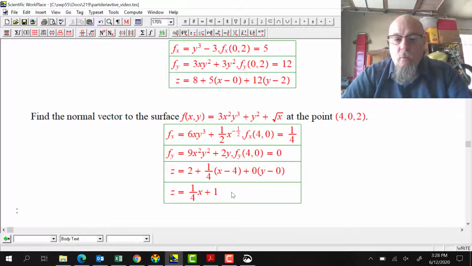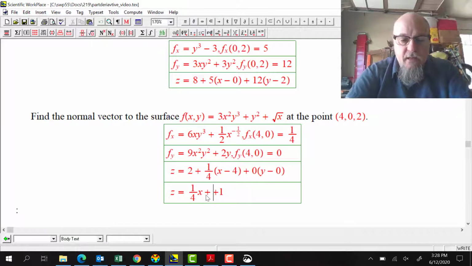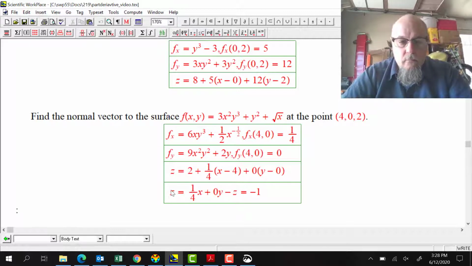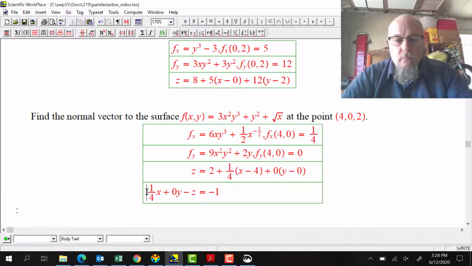And I want to write it in the form ax plus by plus cz equals d. So here's ax plus by plus cz equals d.